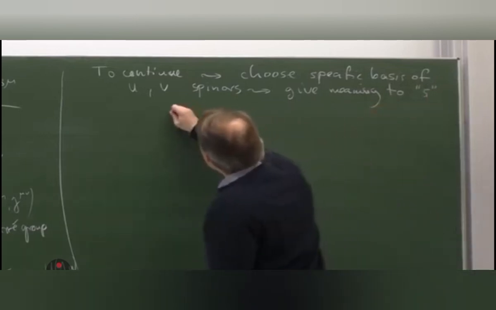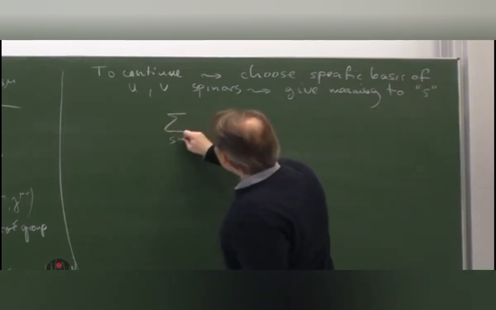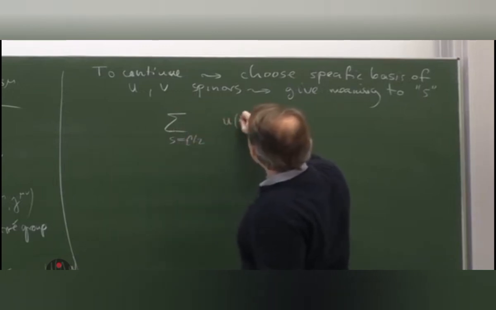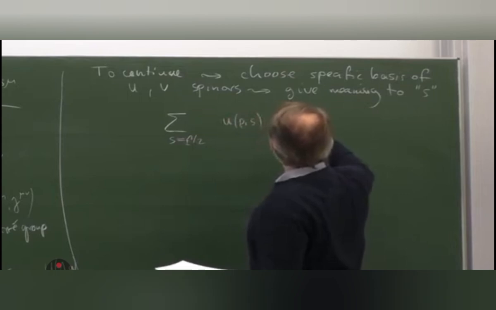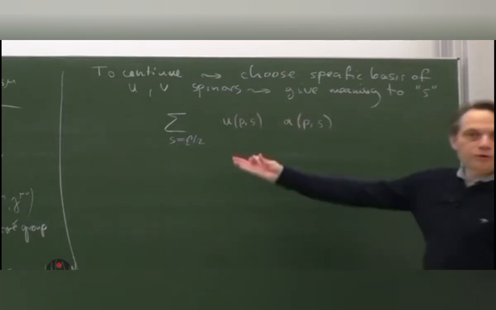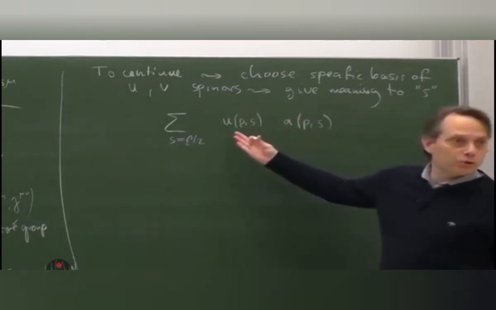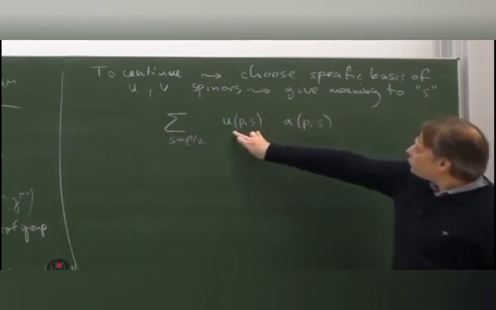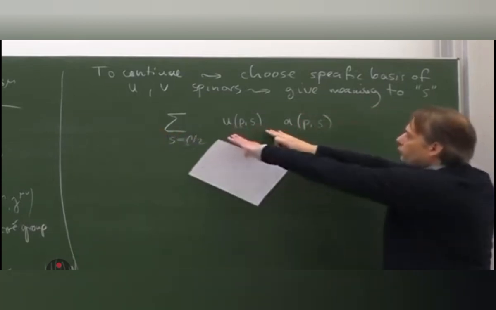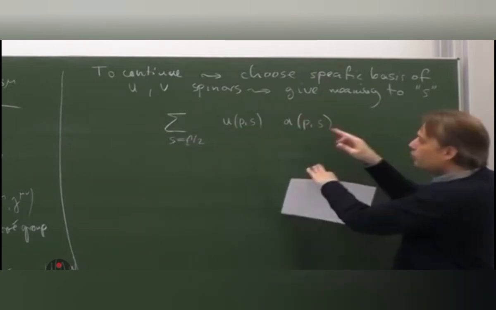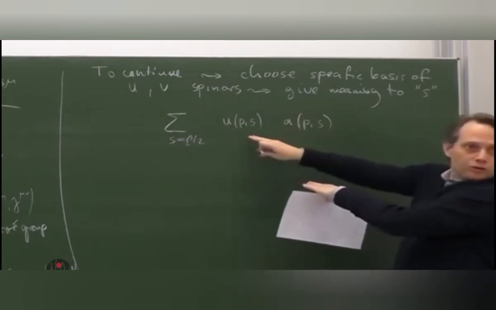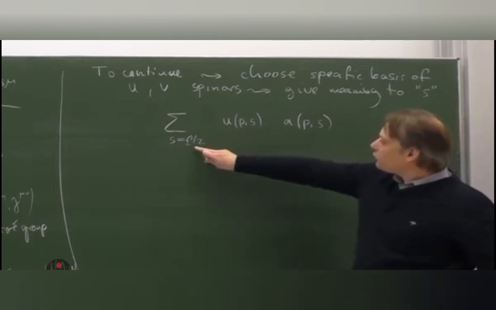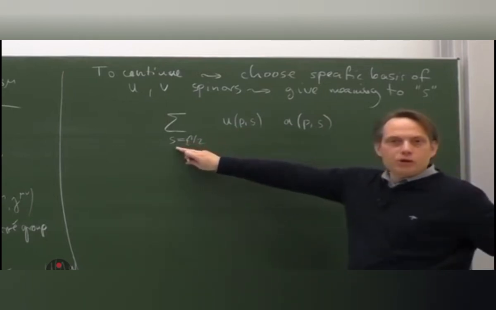We have this sum always S equal plus minus 1/2 sum over U of P comma S times A of P comma S. This sum, right? This is an important sum which appears in our field operator psi hat. And so in the field operator there appears this, and there appears a similar sum with P dagger and V of P and S spinors.